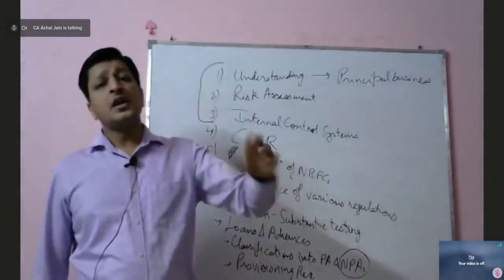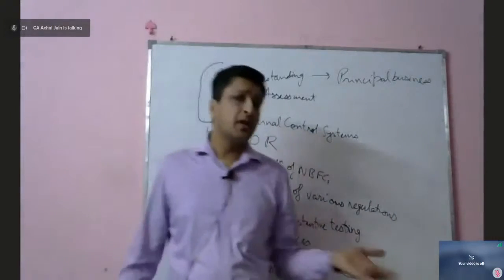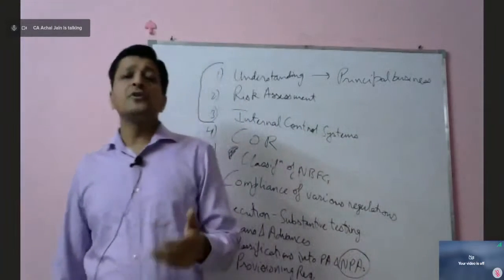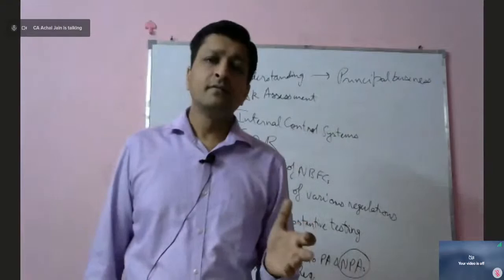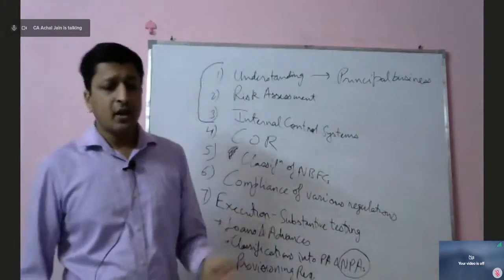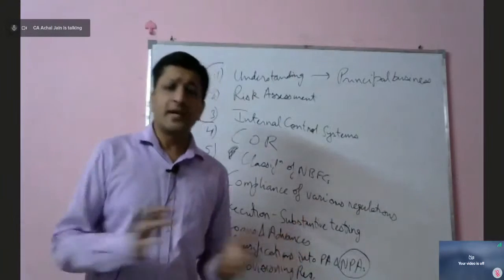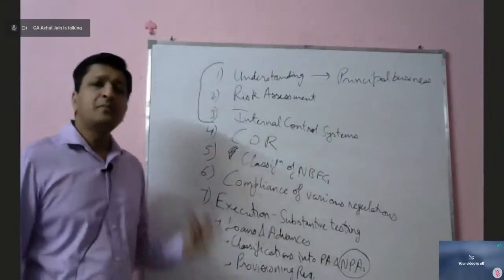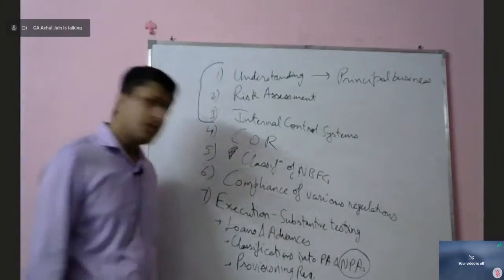Means the advances should have been classified as NPA, but those have not been classified as NPA, and because of which provisioning is on the lower side, and because of which income recognition is on the higher side. So there are so many implications which may arise just because of any non-compliance which the NBFC may do. Correct? Yeah.